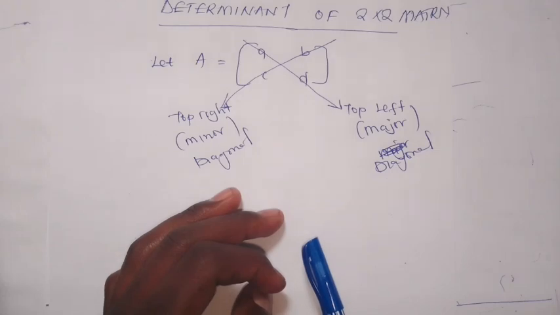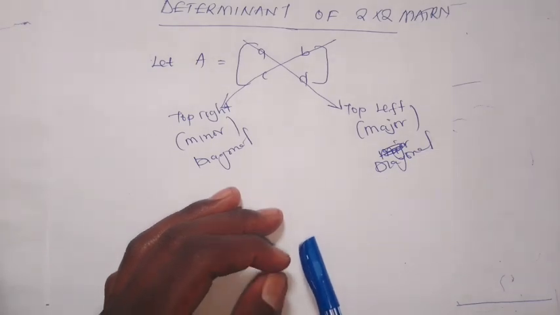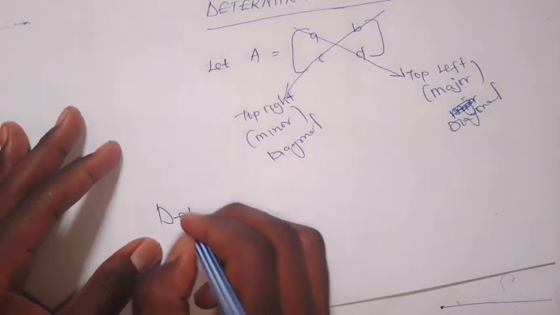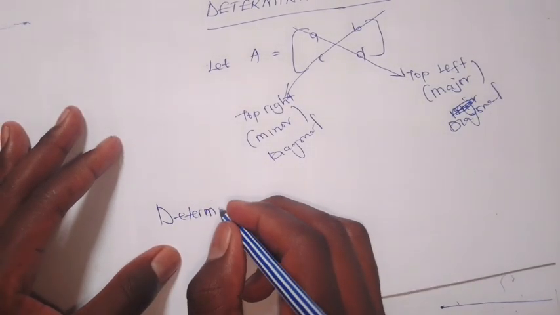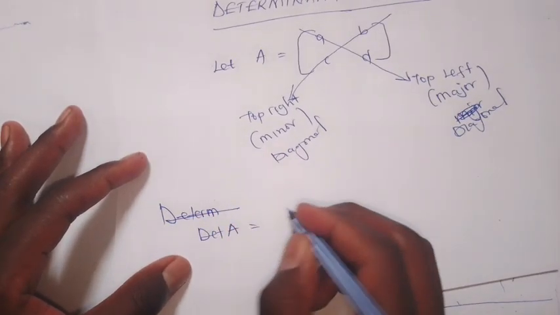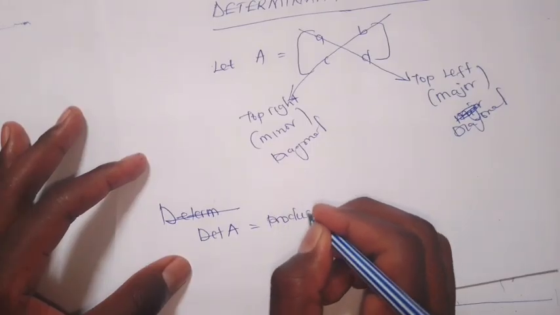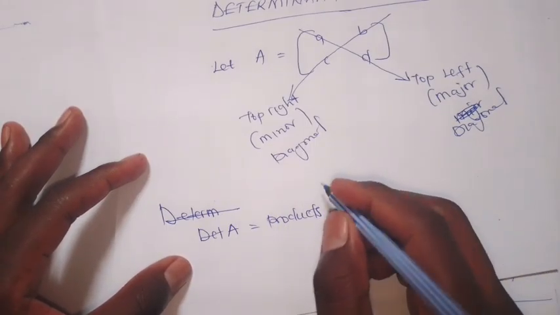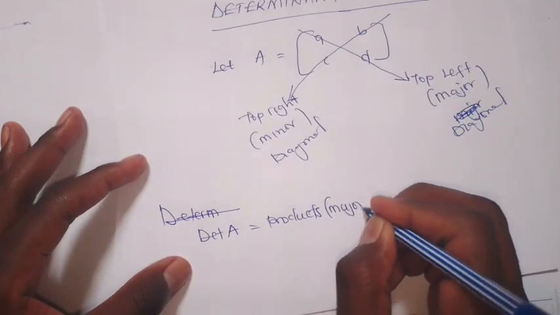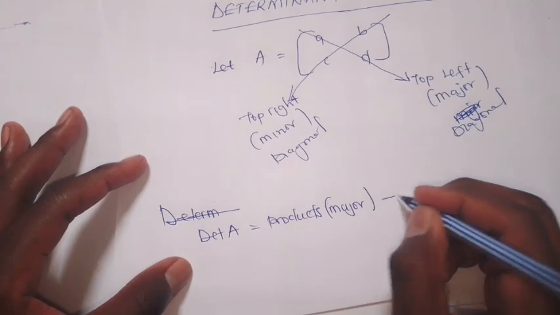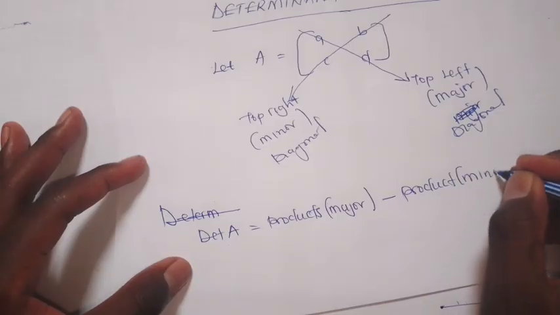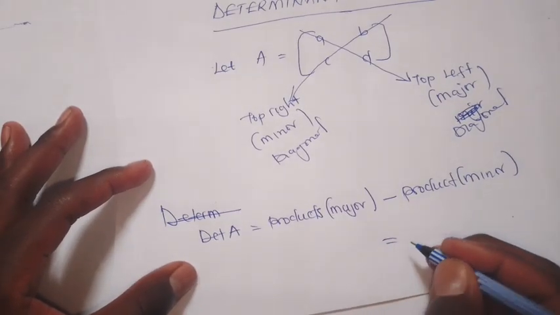Then finally, the determinant is equal to, in short form, the determinant of A is equal to the product of the major diagonal minus the product of the minor diagonal. The answer we're going to get is what we call the determinant.